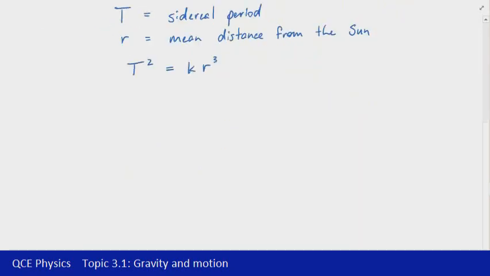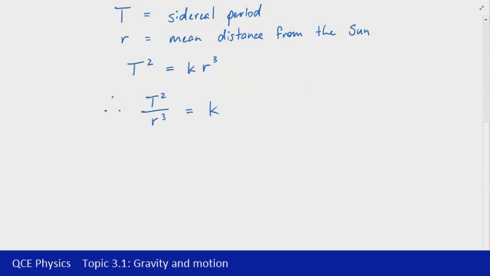So that's just the relationship as stated by Kepler's third law. So T squared is proportional to R cubed, so in other words, T squared is equal to some constant multiplied by R cubed. The more common way of seeing that being expressed would be that T squared on R cubed is equal to a constant.